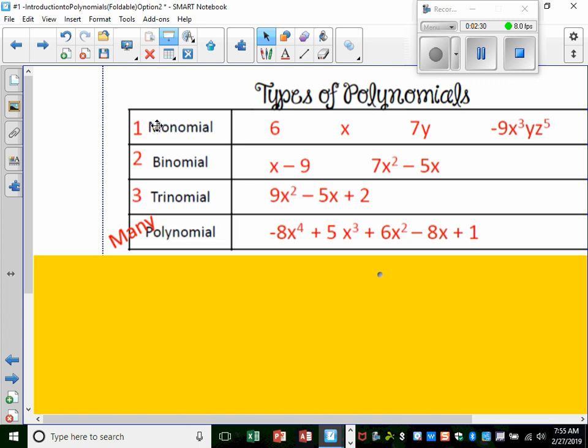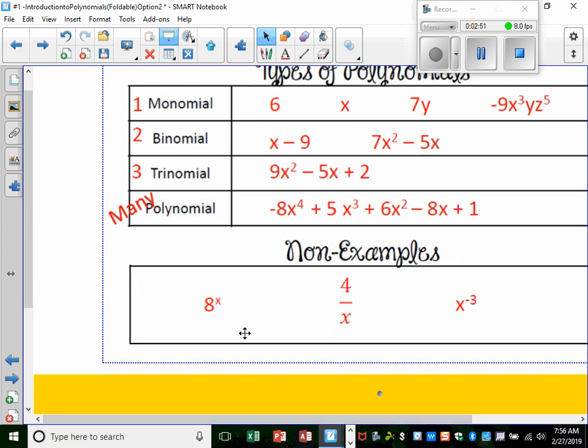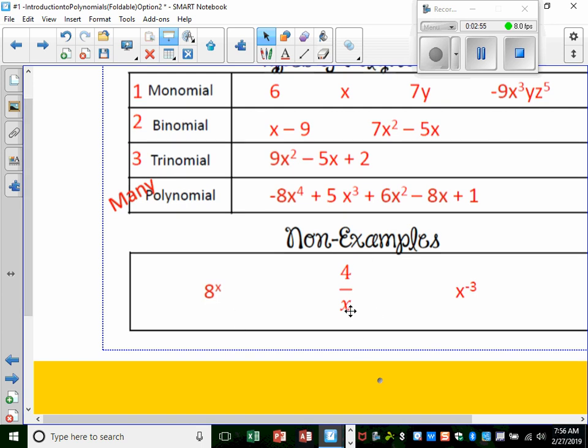But if it had just 1, 2, or 3, then it has a special name. So I could have stopped at the 4th term because, again, anything after the 3rd term, then you'll have a polynomial. All right. Now, these are non-examples, so things written like this, we don't call these polynomials.